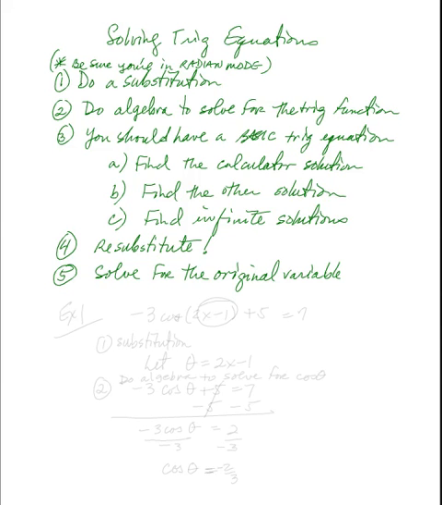Now, let me just tell you that I'm assuming we're solving some complex trigonometric equations. If you haven't already, take a look at the session on solving basic trig equations, then another session, finding the other trig solution, and finally another session, expressing infinite solutions for trig equations.